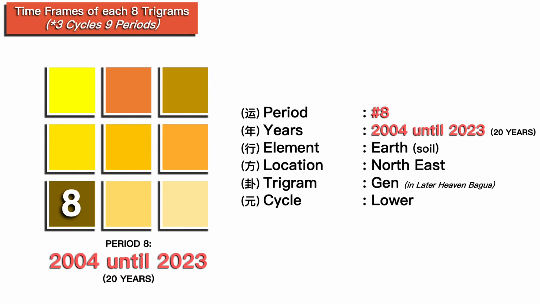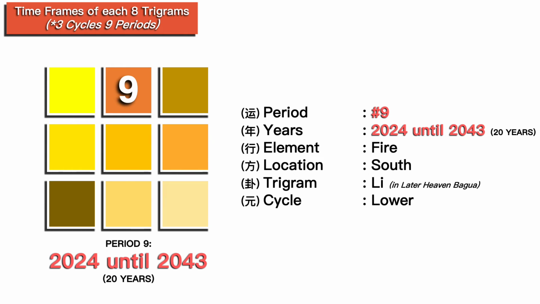Period 8 are the years of 2004 until year 2023, which means until the end of year 2023. And lastly, for period number 9 are the years of 2024 until year 2043.